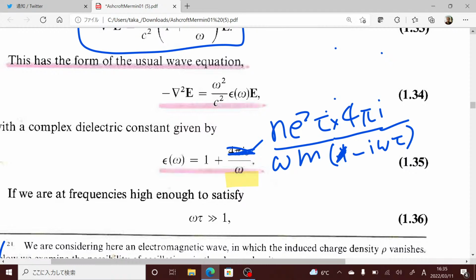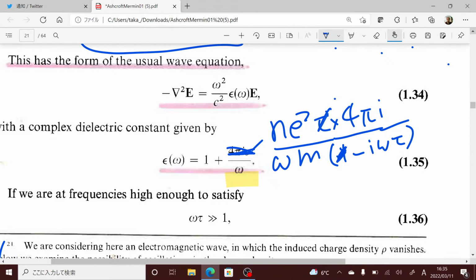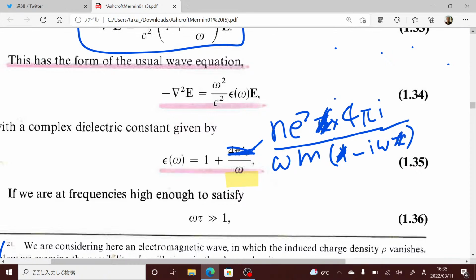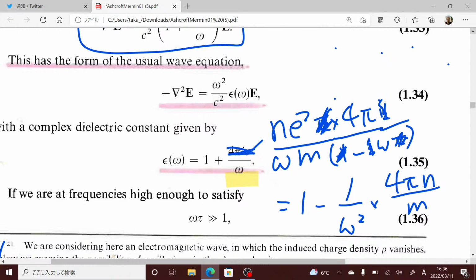Then we can cancel tau, can cancel i. Yeah, then this will be 1 minus omega square times m over 4 pi n e square.